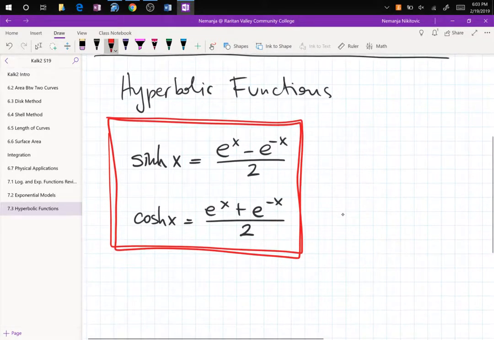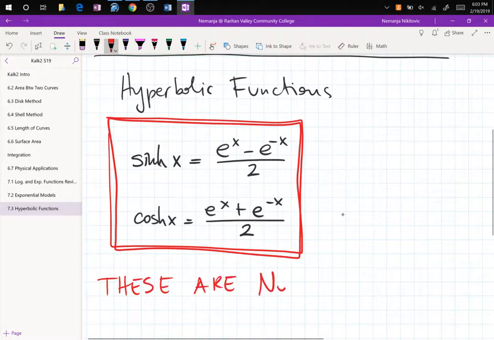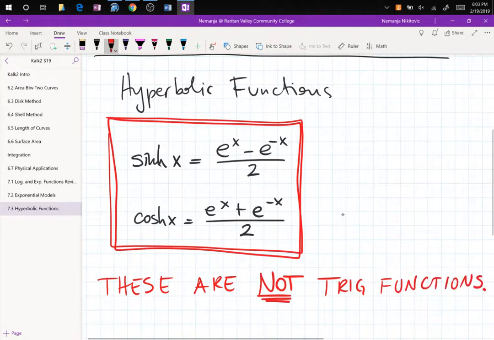Now let me write this in blood and capital letters too. These are not trig functions. You have to immediately make your peace with that.